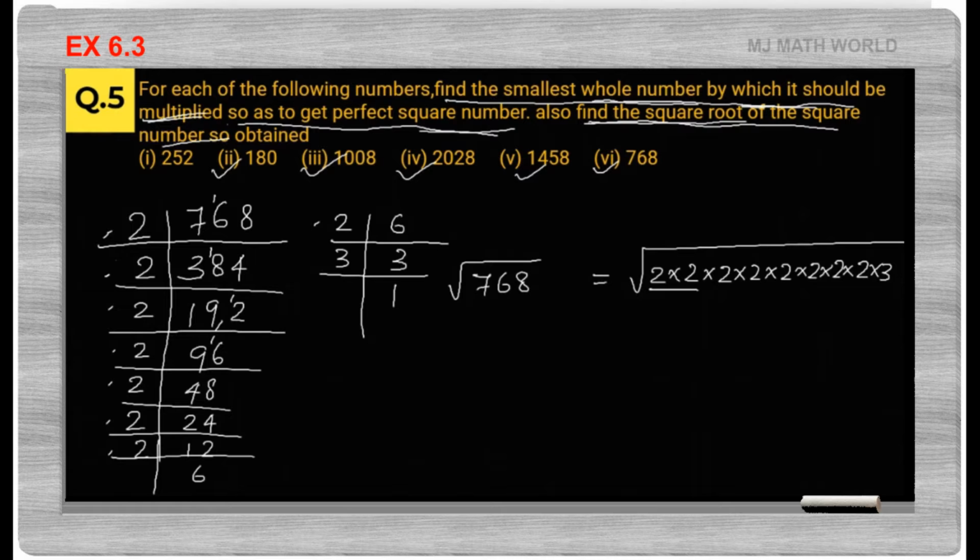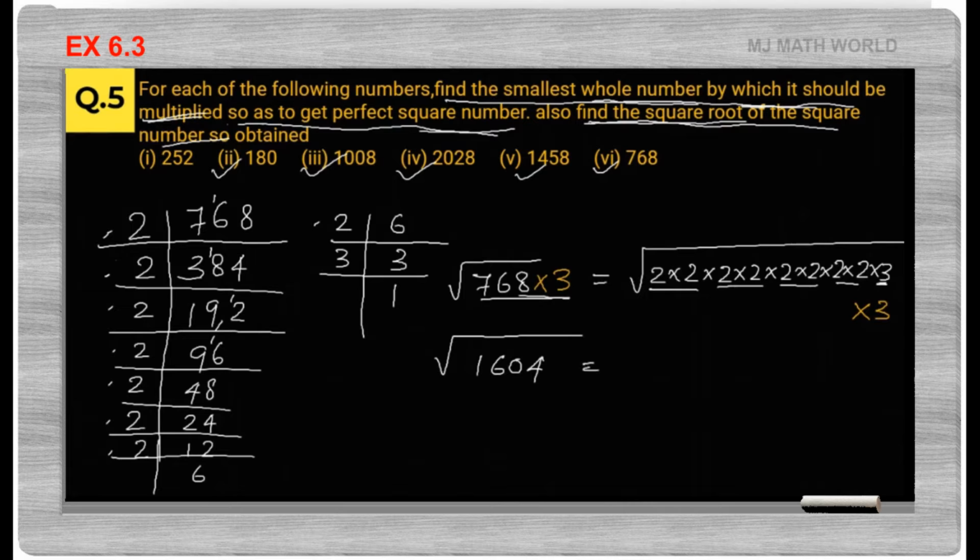This is the first pair. All the 2s have pairs, but the 3 has no pair. We will multiply both sides by 3, so the square root of 768 into 3.